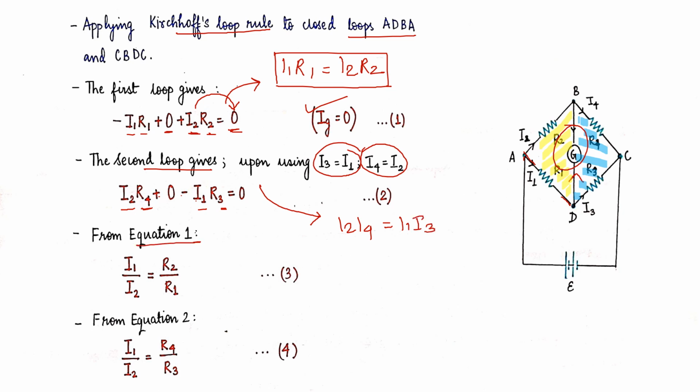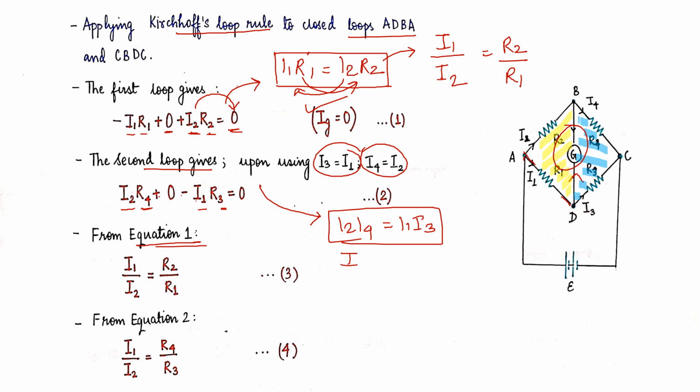Now from equation 1, we will find the ratio I1 upon I2. When this goes here, this goes into the denominator, so it will be R2 upon R1. Similarly, I will find the ratio here: I1 upon I2, this I2 will go here, so I3 will come here.